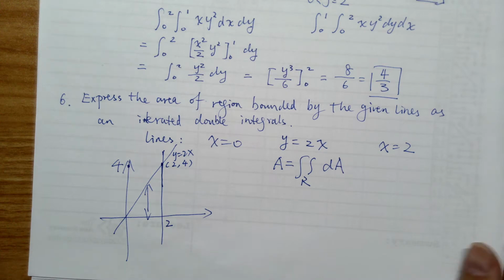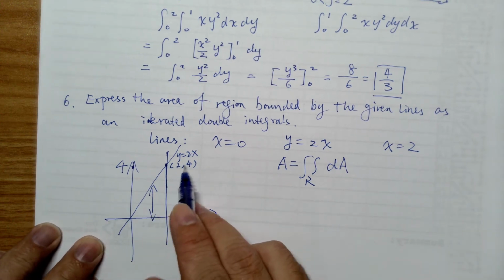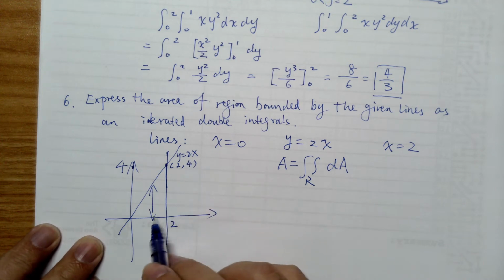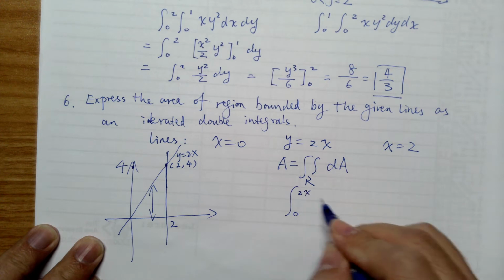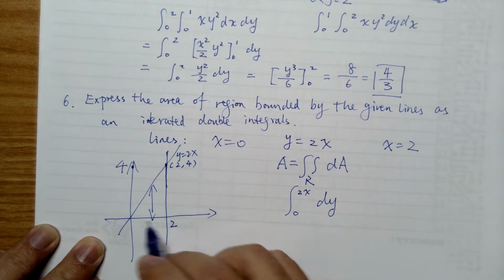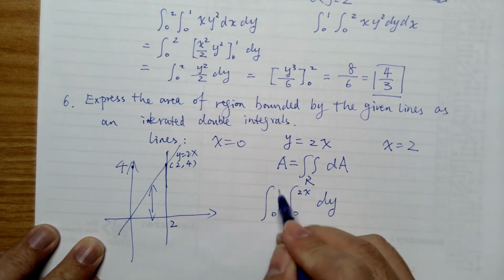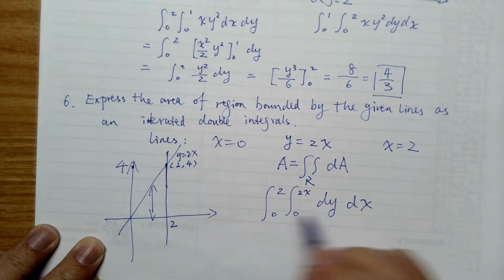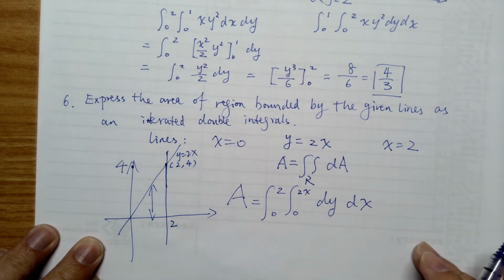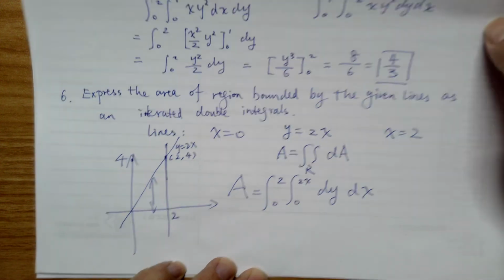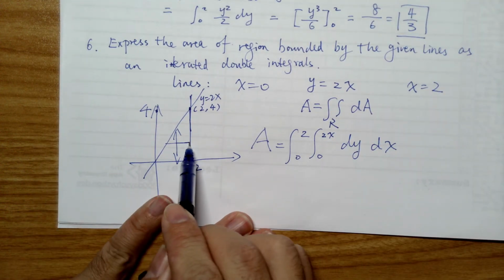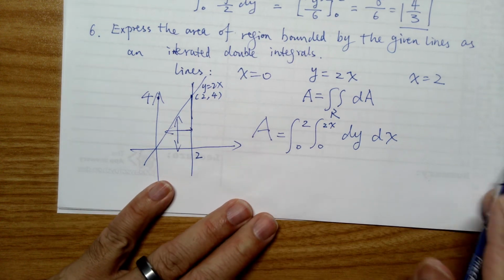cross section, as you can see, y is bounded above by 2x, bounded below by 0, so it's going to be 0 to 2x dy, right? And then x is from 0 to 2, so from 0 to 2 dx. So that's one way to express this area. Or you can construct it horizontally, right?